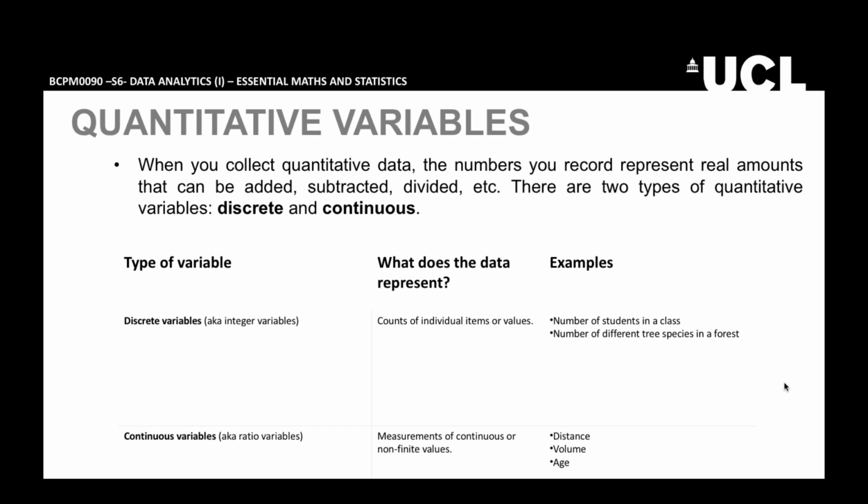Discrete variables count individual items or values, like for example the number of students attending this session, while continuous variables measure continuous or non-finite values, such as physical magnitudes, for example distance, time, volume, age, etc.